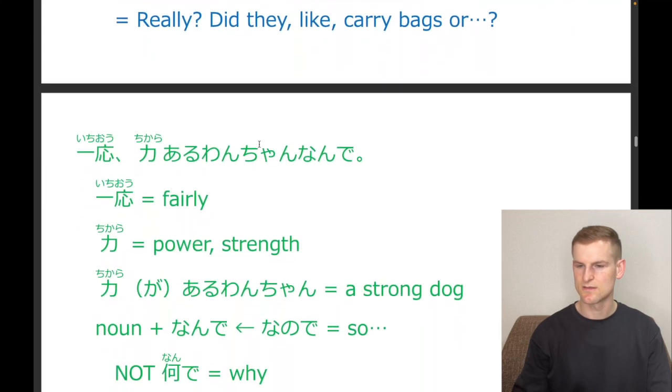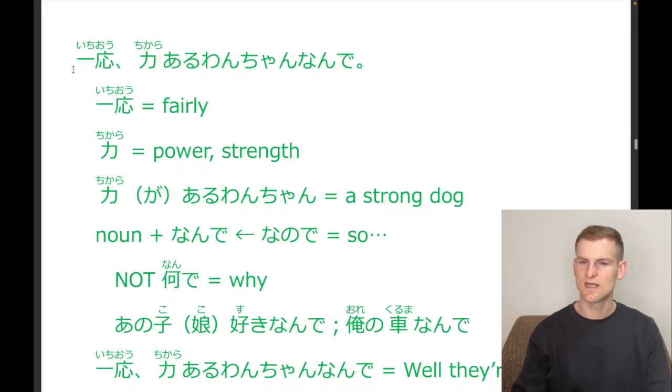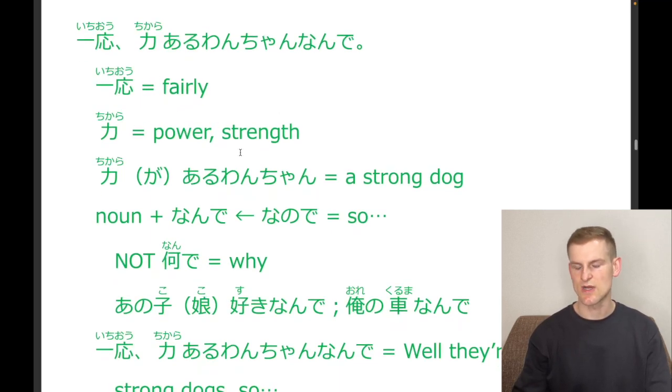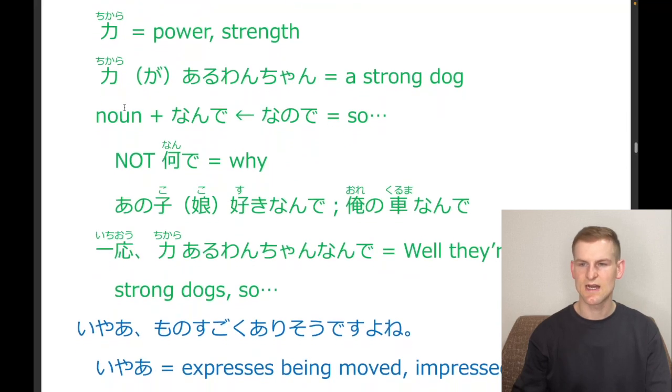All right. Okay, so the man responds. 一応力あるワンちゃんなんで. Okay. 一応 has tons of different meanings. In this case, I think fairly is pretty good. 力, power, strength. 力があるワンちゃん, a strong dog. Or a dog that has strength.